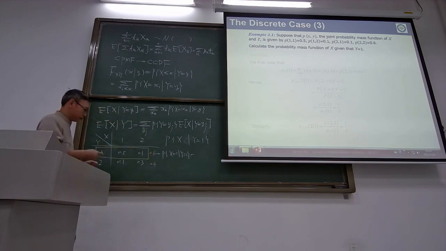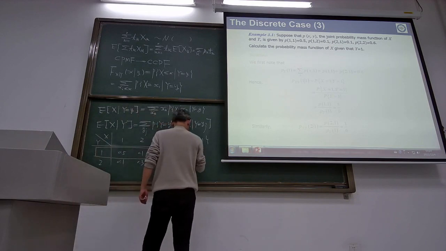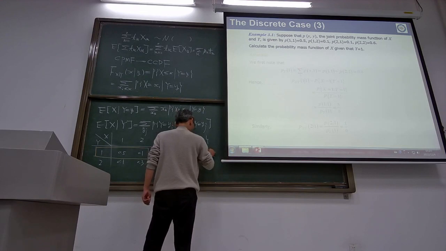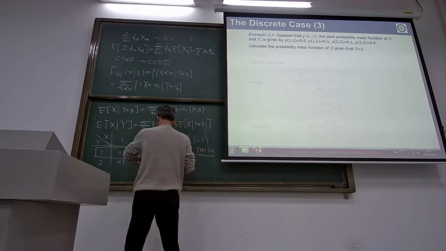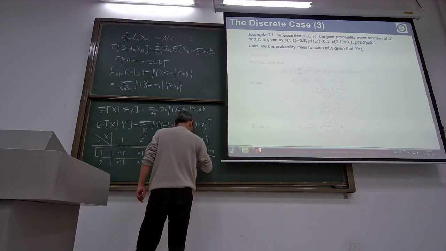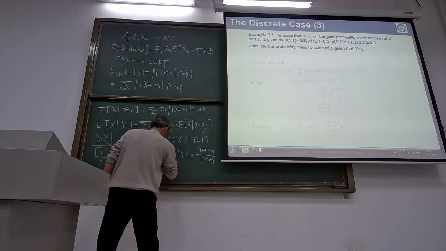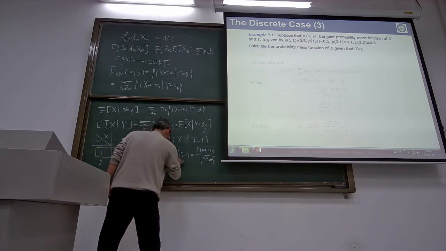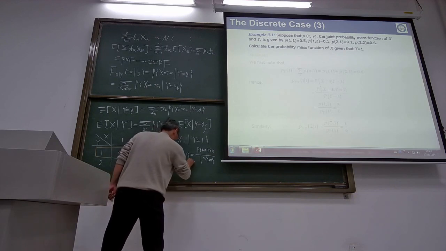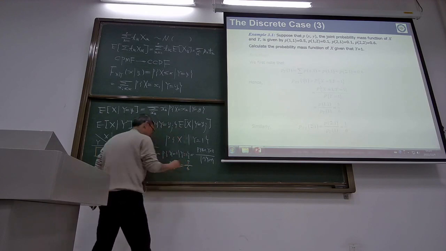So this gives the probability that X equals 1, Y equals 1 over the probability that Y equals 1, which is 0.4 over 0.6, just equals 2 over 3.